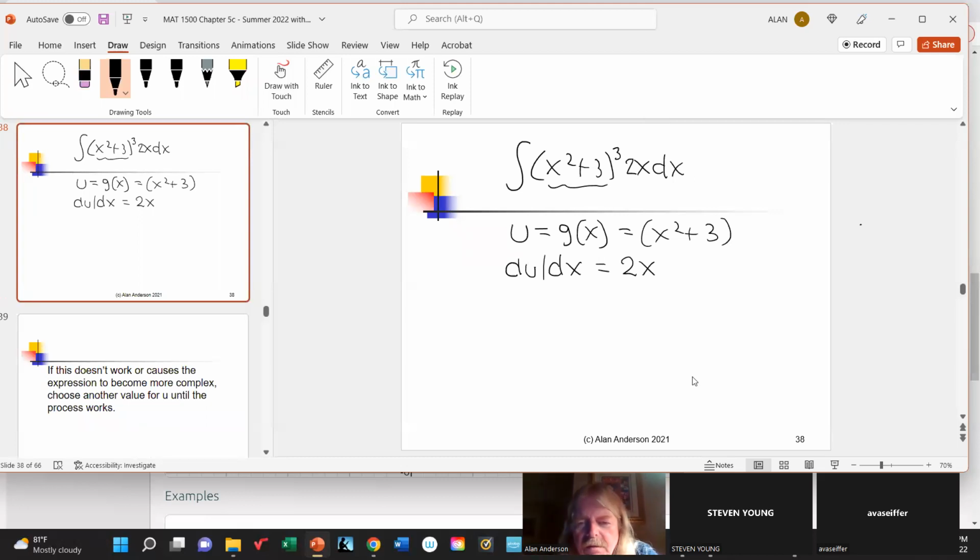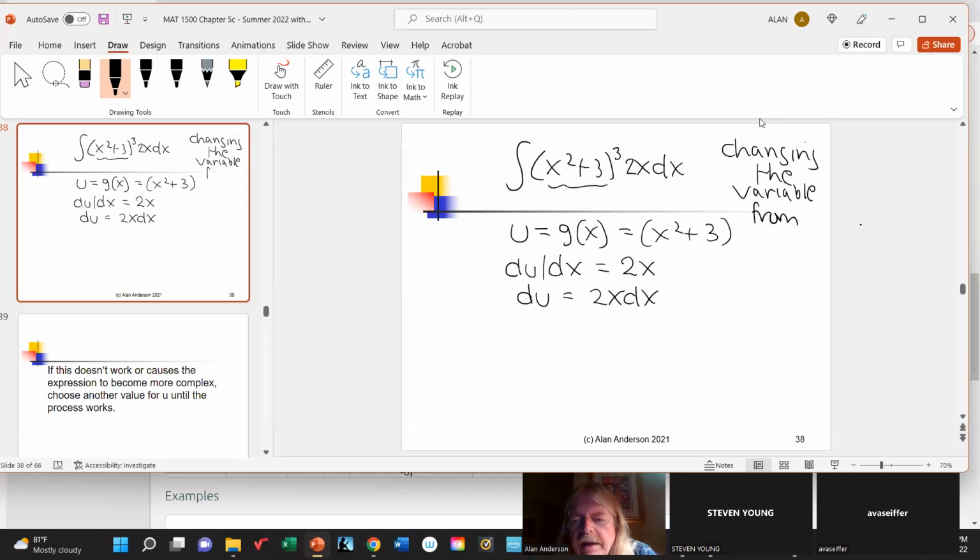Because then du would be 2x dx. So what we're basically doing is changing the variable from x to u, and then later on we'll switch it back. So in other words, we're basically replacing this with something more convenient.